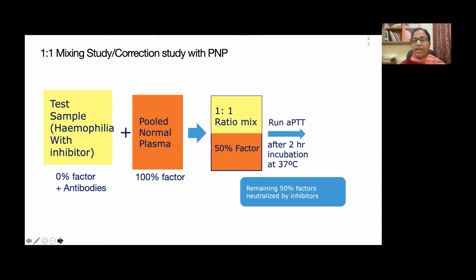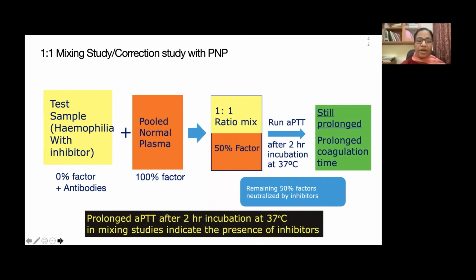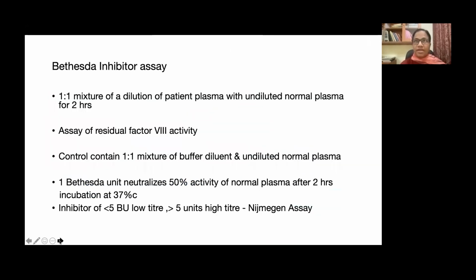Run APTT after 2-hour incubation; if it is still prolonged, not getting corrected, that means there is presence of inhibitors. Prolonged APTT after 2 hours incubation at 37 degrees centigrade in mixing studies indicates the presence of inhibitors. So there is the inhibitor assay.